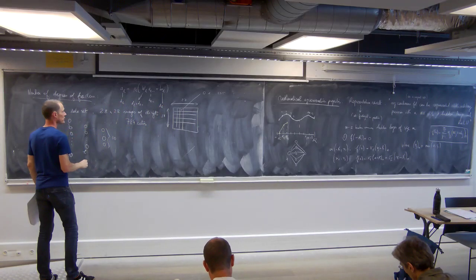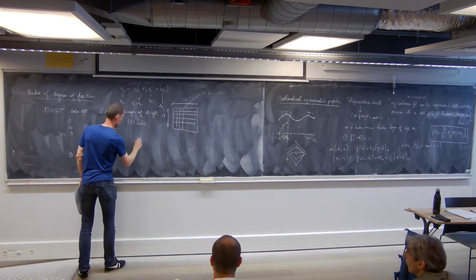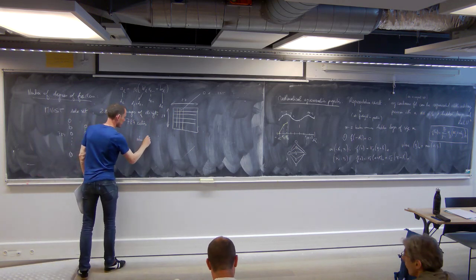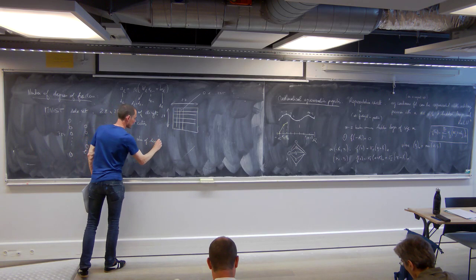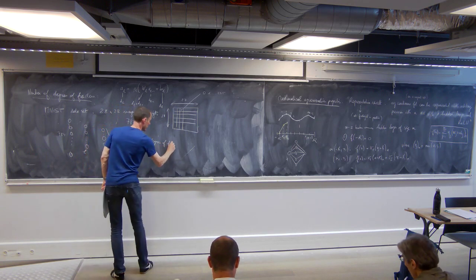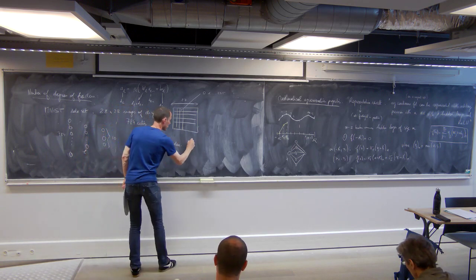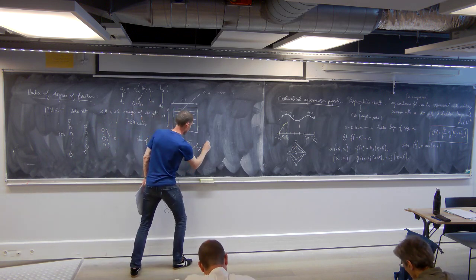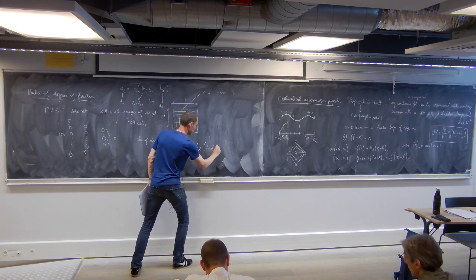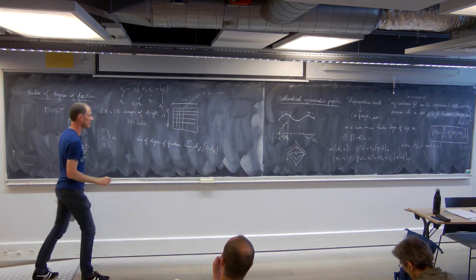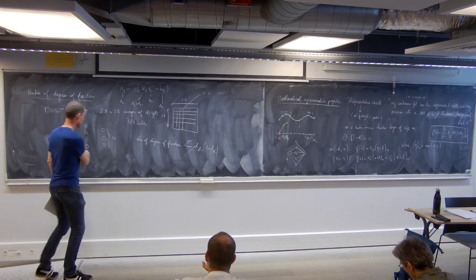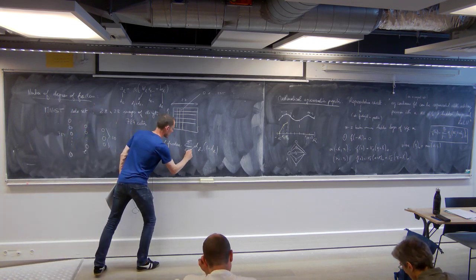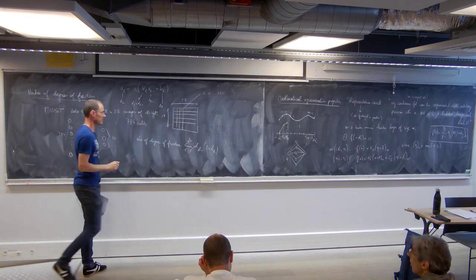So the number of degrees of freedom will be the sum of D_{L-1} multiplied by 1 plus D_L for all your hidden layers. Here it would start at L equal 1 until capital L.